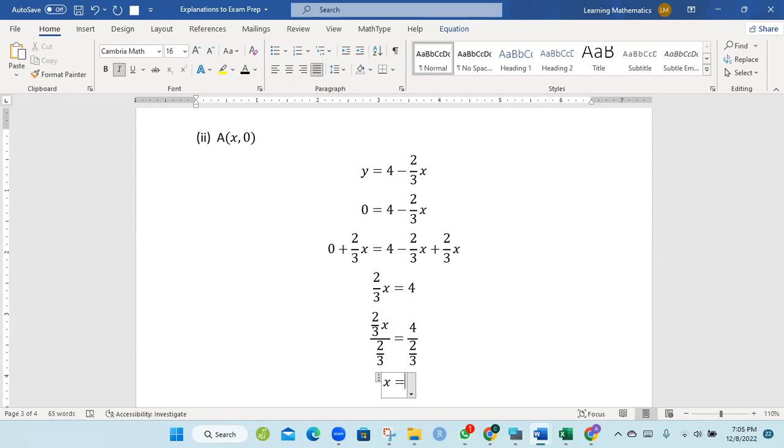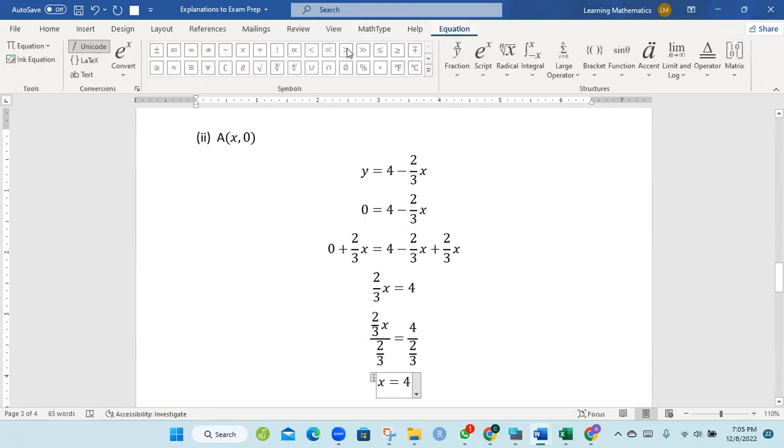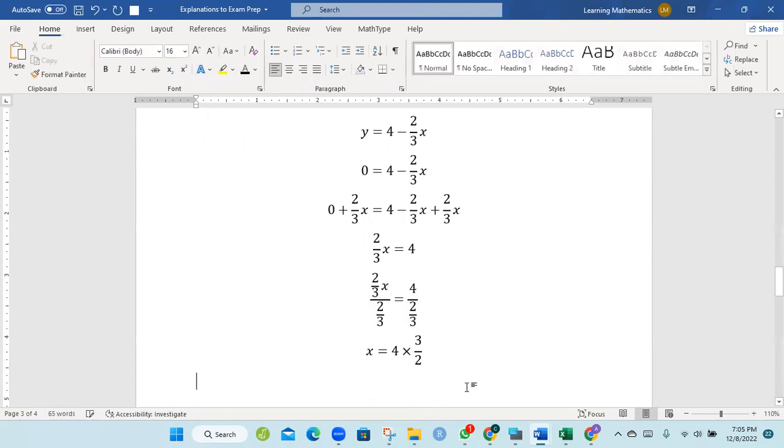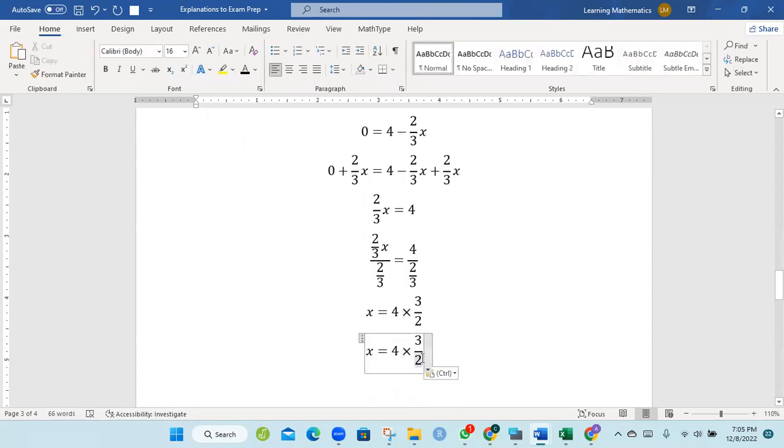So that is 4 times 3 over 2, which is 12 divided by 2, giving us 6.